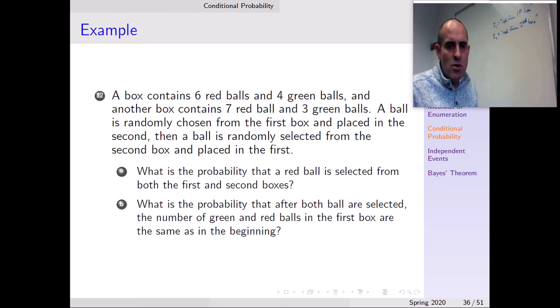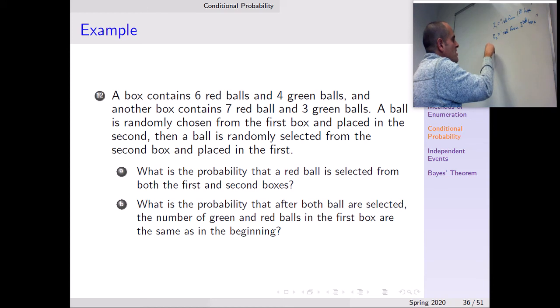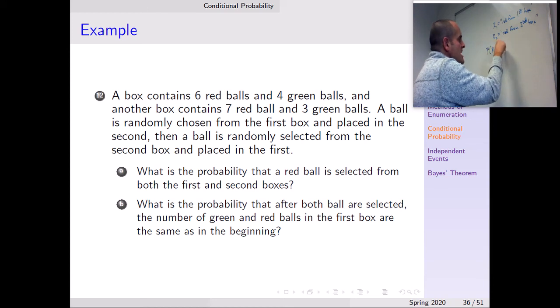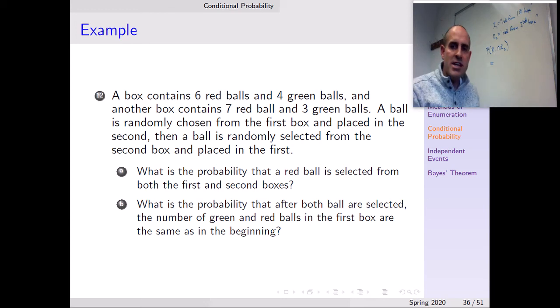What we want here, it says, what is the probability that a red is selected from both the first and the second? So this is the probability of R1 and R2. But we know how to do this using conditional probability. What's the probability of R1?